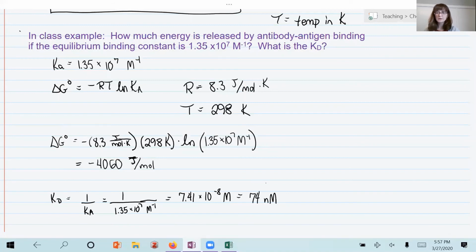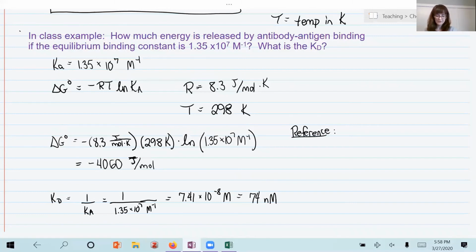It's worth taking a moment and comparing that Gibbs free energy to some other values, just so that we can know what we're talking about here in terms of energies. For reference, some of you may have learned this before, what's the energy to break a carbon-carbon bond?